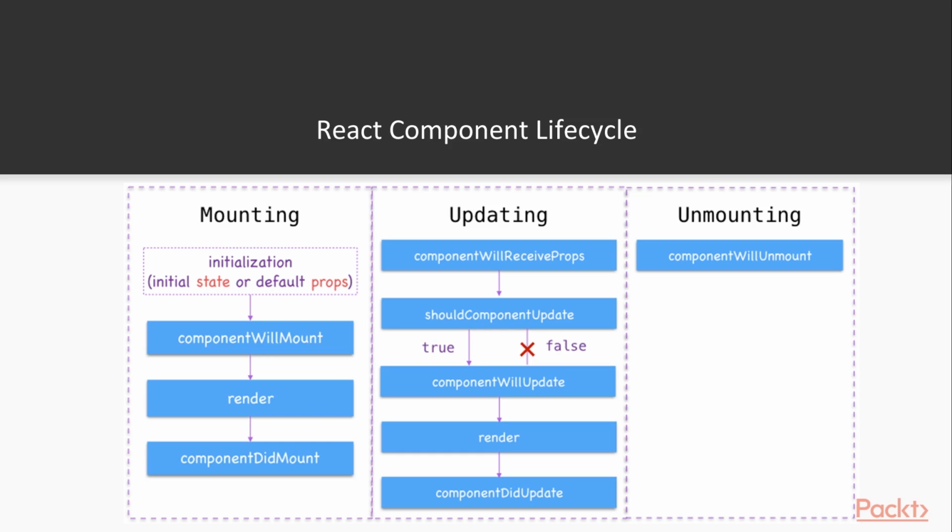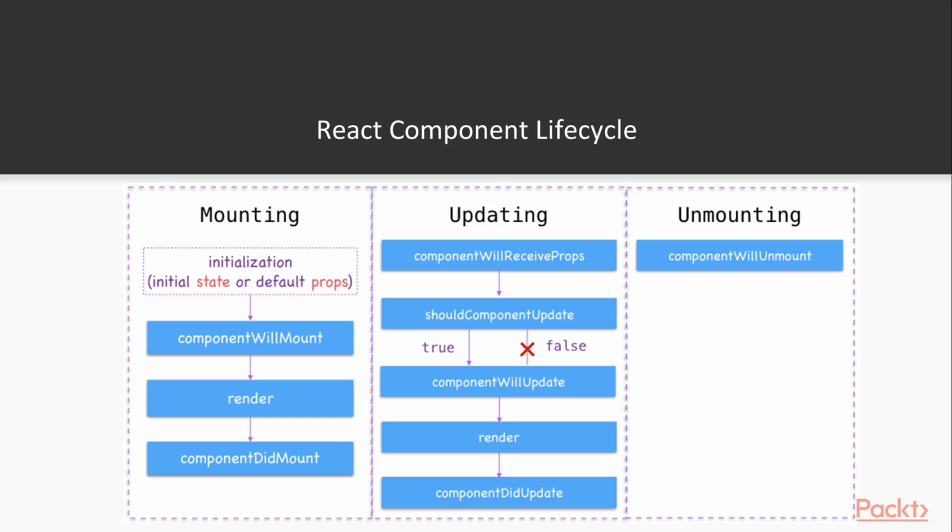In the updating lifecycle, we have 5 methods. The first one is component will receive props, so if there is a need to modify the props in some way, this method can be used to do that. The second one is should component update, so at times we might want to prevent the component from updating even if the props have been changed.